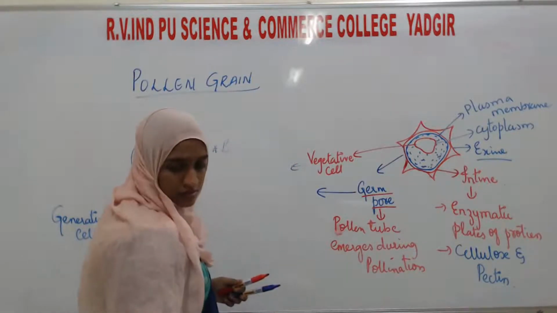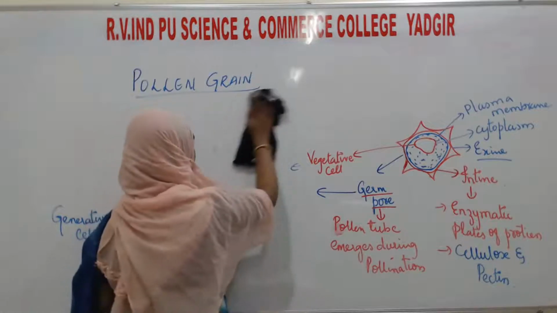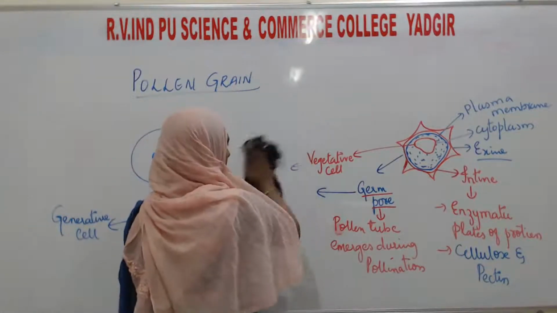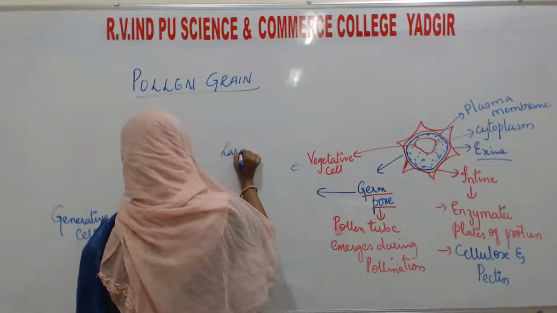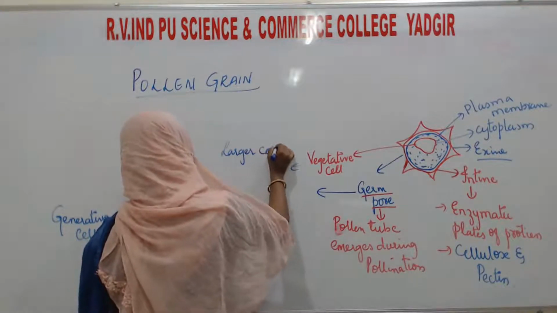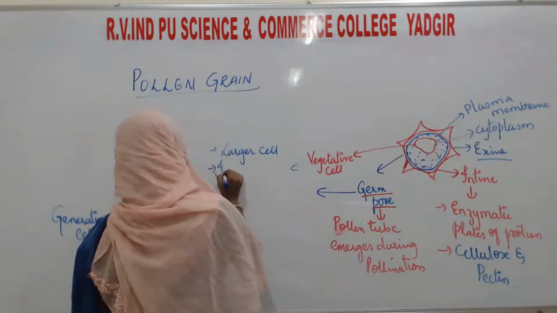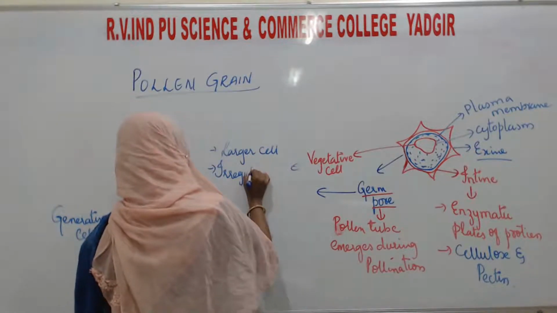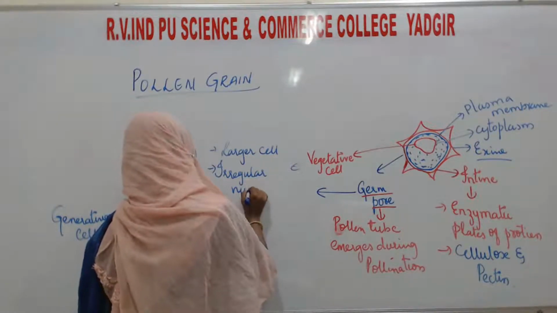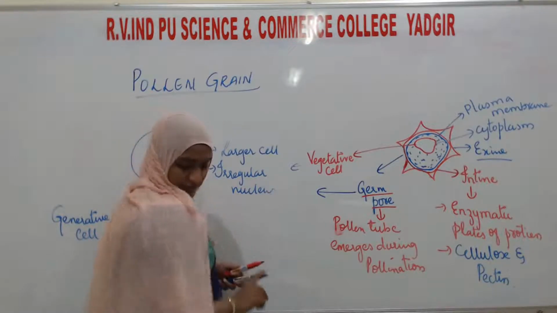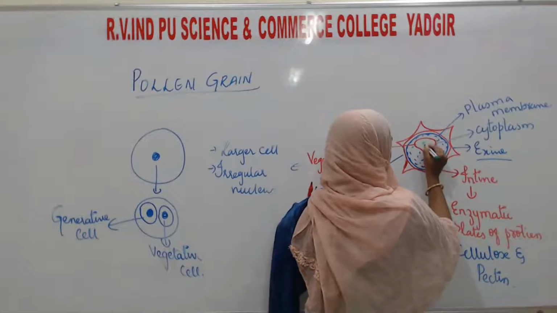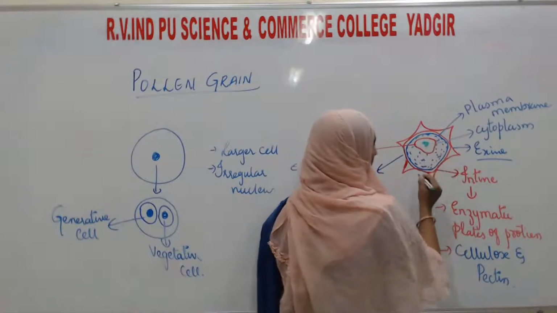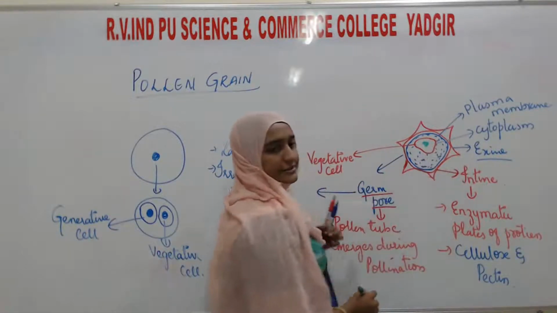The larger cell with the irregular nucleus. Here I will represent this vegetative cell, in which there will be an irregular nucleus.